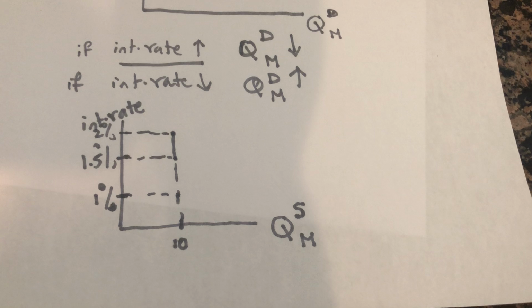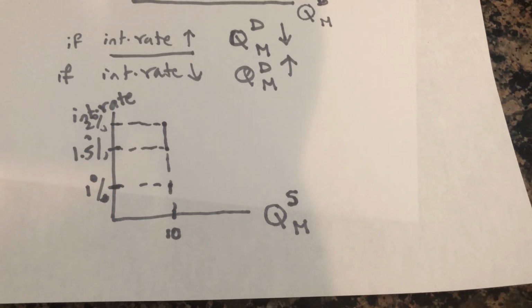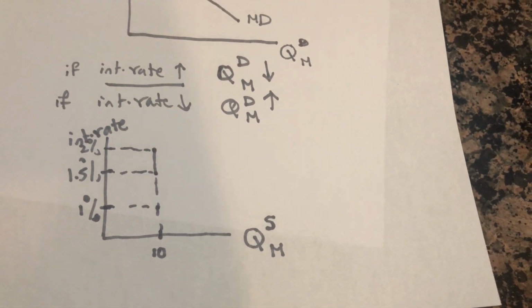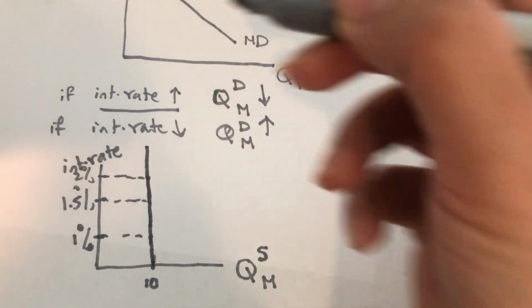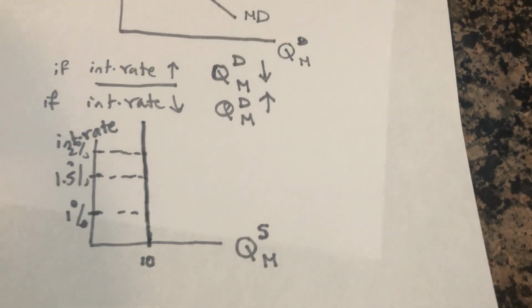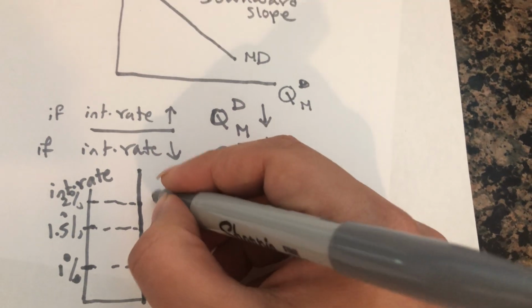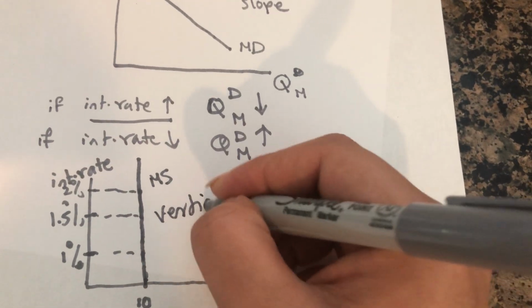So at a given time, the quantity of money supplied is fixed, no matter what's happening to the interest rate. That's why instead of the upward slope, which is the typical shape for supply, we have a vertical supply here. So this is our MS, which is vertical.